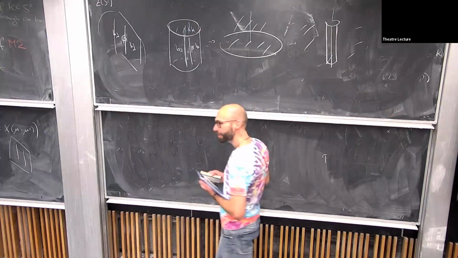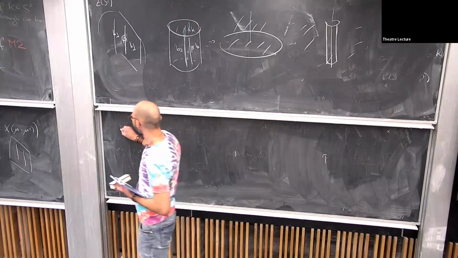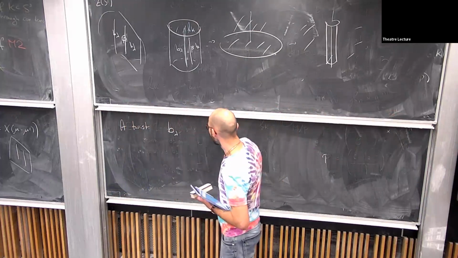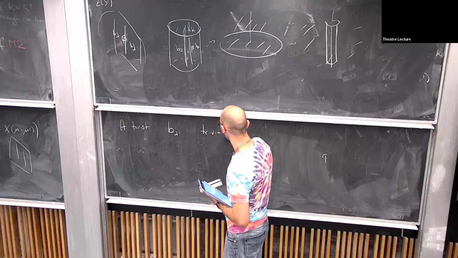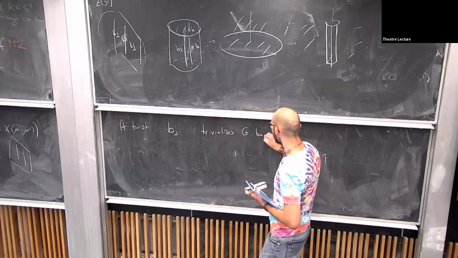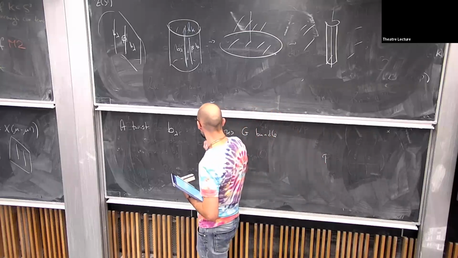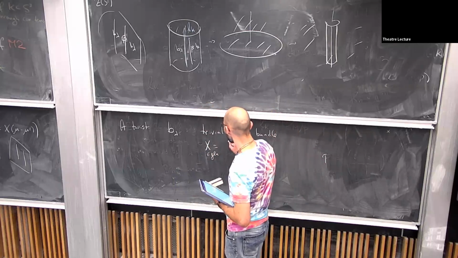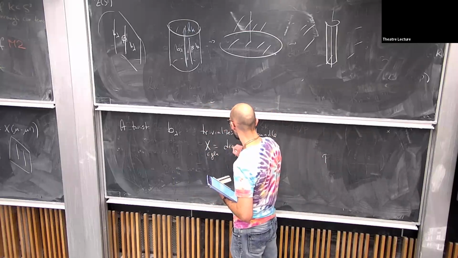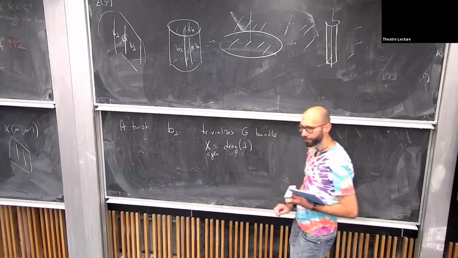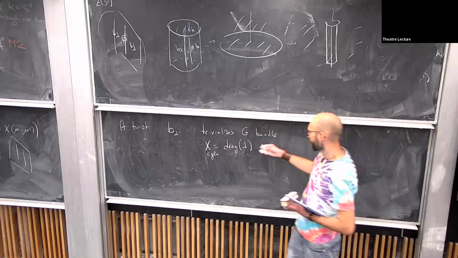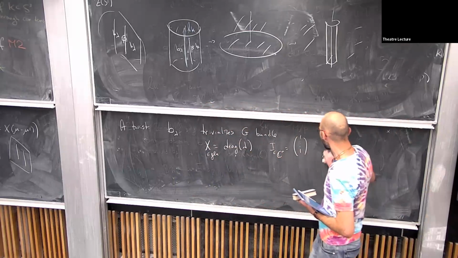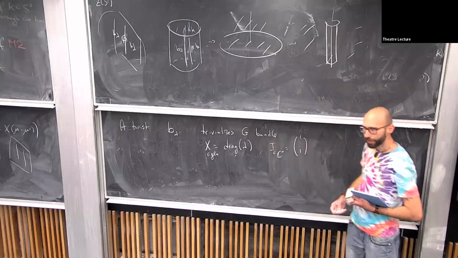It trivializes the G bundle at the boundary, and it sets X in GLN to be a diagonal matrix with eigenvalues lambda. And there's some elements in C to the N that gets to anything that has trivial stabilizer.